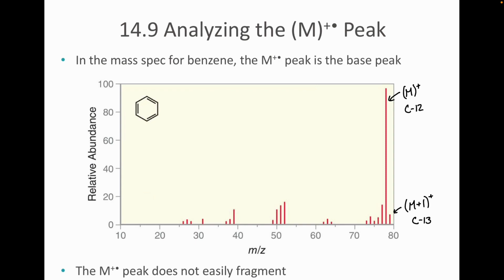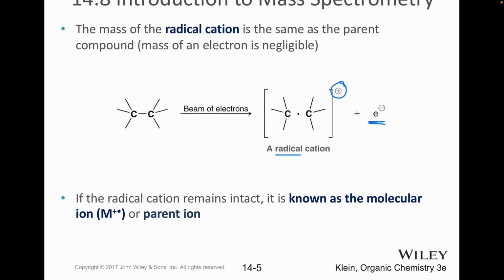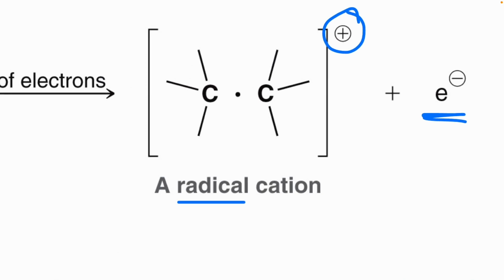Well, we said that when that electron bumps off that other one, we get what we call a radical cation. And this name is so radical because this thing is very unstable. Okay, so these radicals aren't happy. We have an unpaired electron.